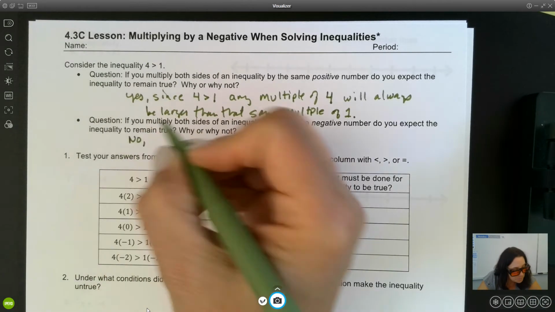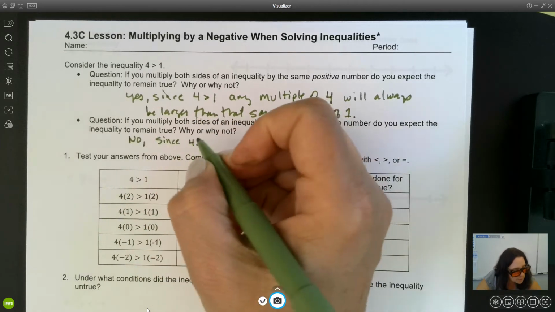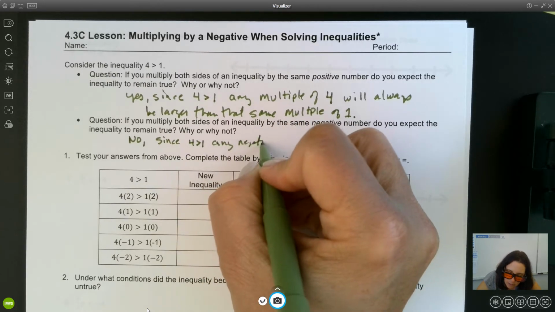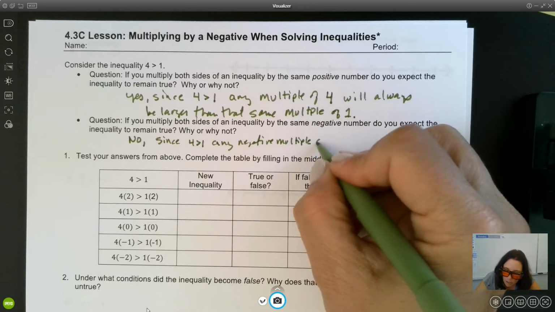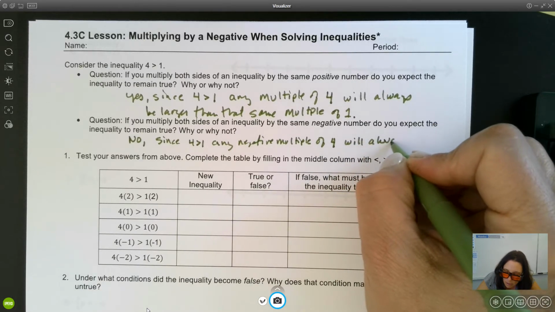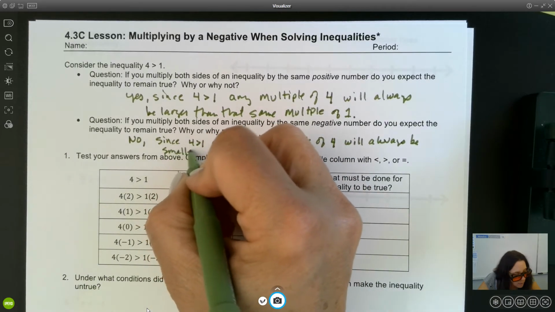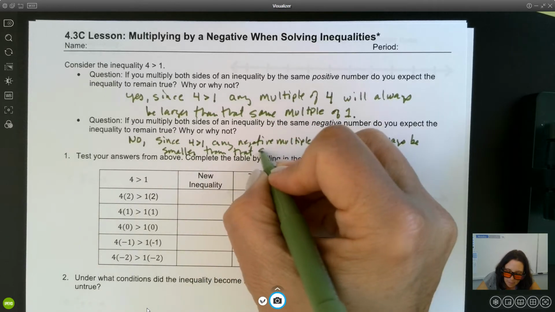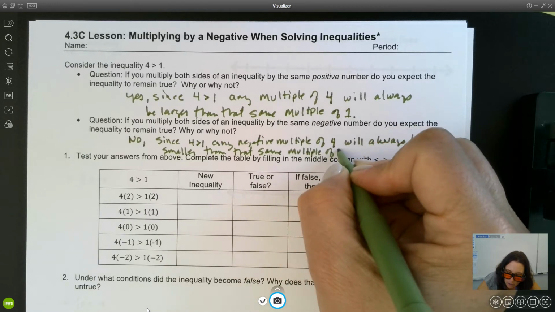No, since 4 is greater than 1, any negative multiple of 4 will always be smaller than that same multiple of 1.